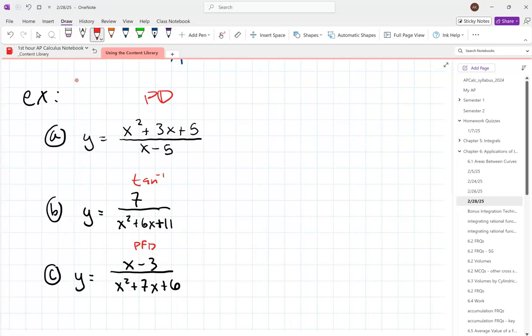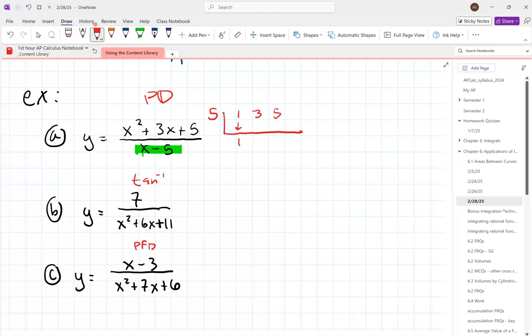Okay. So for the polynomial division, we'll start by setting up our synthetic division. I know I can do synthetic division because the denominator is a monic polynomial, degree 1 with leading coefficient 1. So I'll set that equal to 0 and solve. I get 5. That's the number that goes on the outside. And then the coefficients from the numerator are the numbers up top.